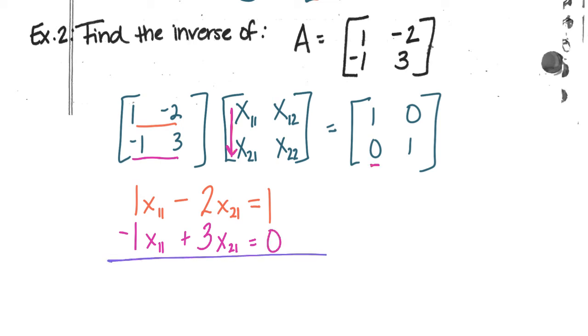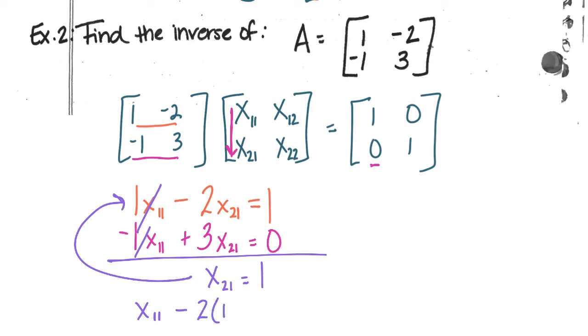So if you look here, I can use elimination, and I have 1x sub 21 is equal to 1. And I could just plug that back in. When I plug that back in, I get x sub 11 minus 2 times 1, because I'm just substituting this in for here, is equal to 1.